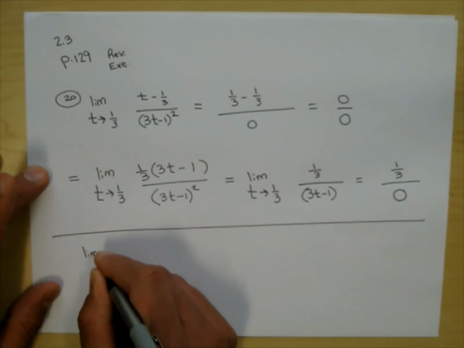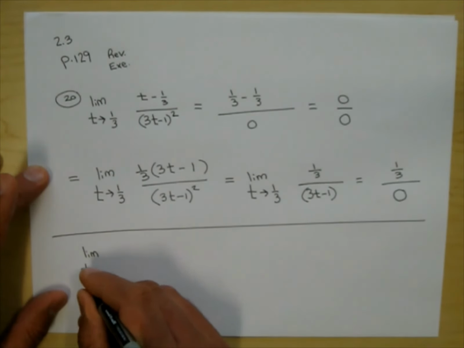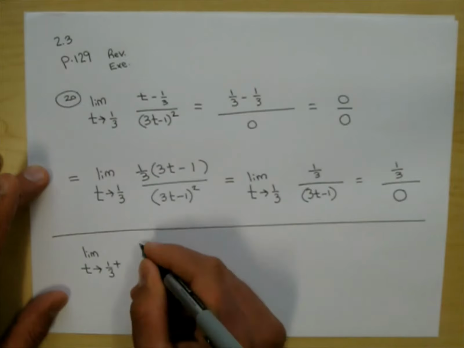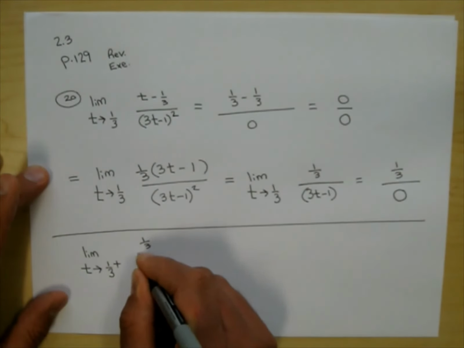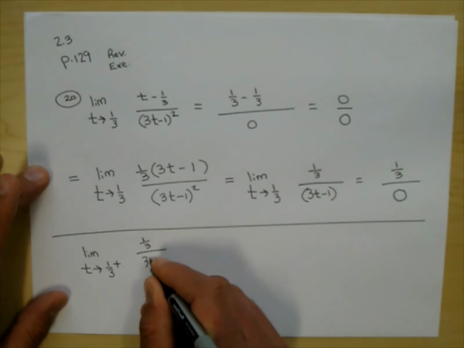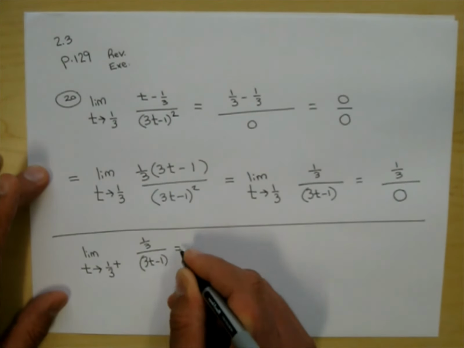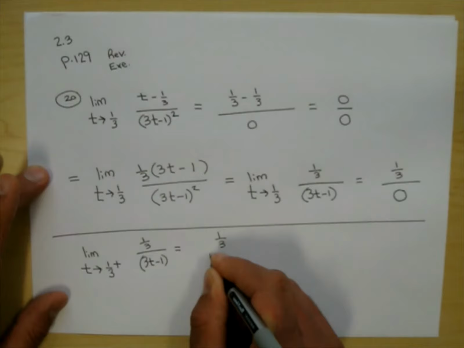If you took the limit, you have to investigate both sides. As t approaches 1/3 from the right of this function, you get 1/3 on the top.